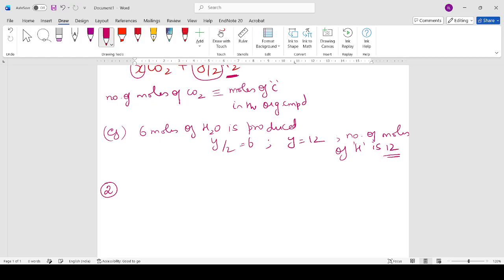The second type of reaction for hydrocarbon, alkane, is free radical halogenation reaction. So I have CH4.